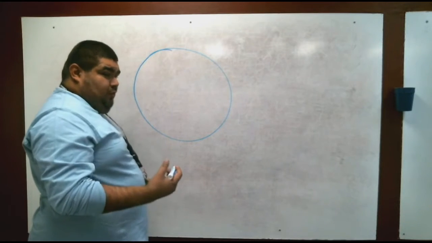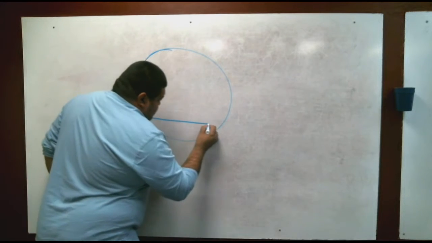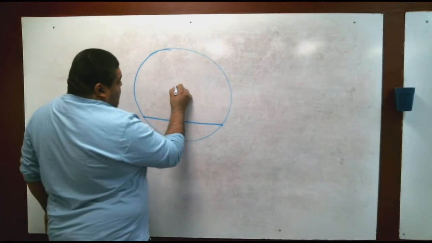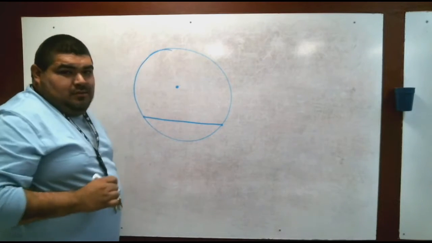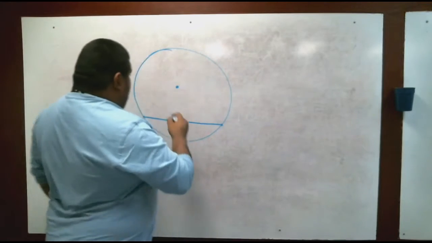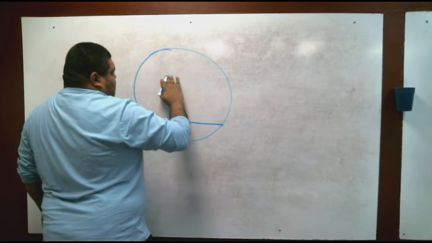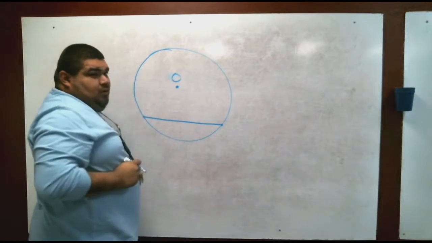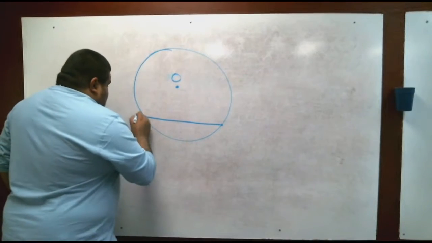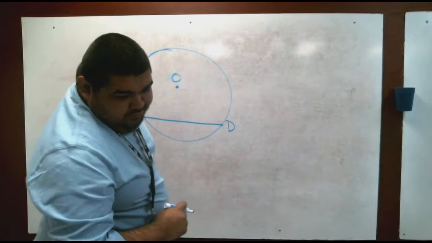If I had a chord that goes from here to here, remember, we have our center, which in this case we're going to label O. So circle O intersects C and D. That's a chord.